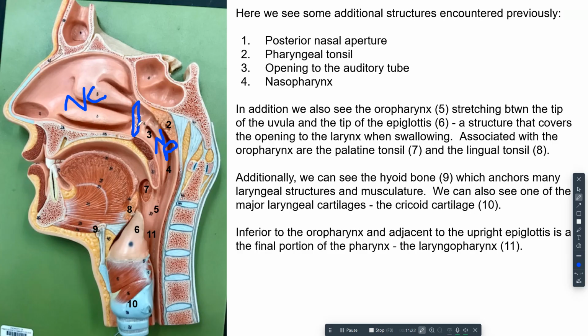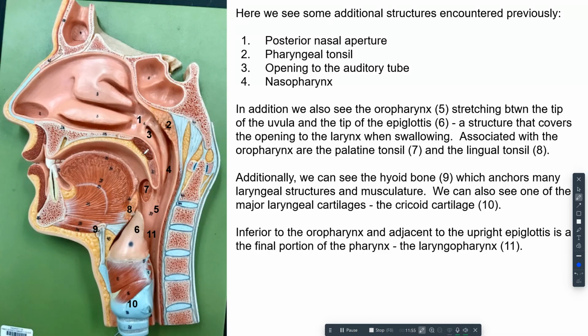So where I've drawn that blue oval, that is where I'd find my posterior nasal aperture. And then in my nasopharynx, on the posterior wall of it, I've got the pharyngeal tonsil. On the lateral wall of the nasopharynx, where the 3 is, right here, this is the opening to my auditory tube, which, remember, is going to lead to the middle ear.